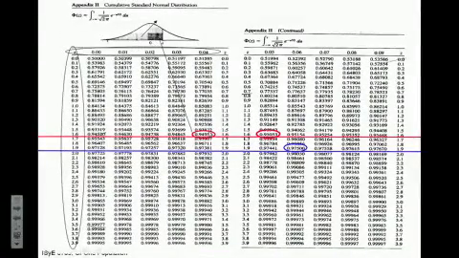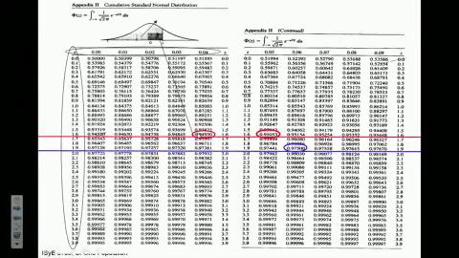So it's right here and here, in between. Because this one is 94.95 and this is 95.05. So if you do interpolation, it's a number between these two. This number is 1.64, and this number is 1.65. If you take the average, it would be 1.645. Does it make sense?